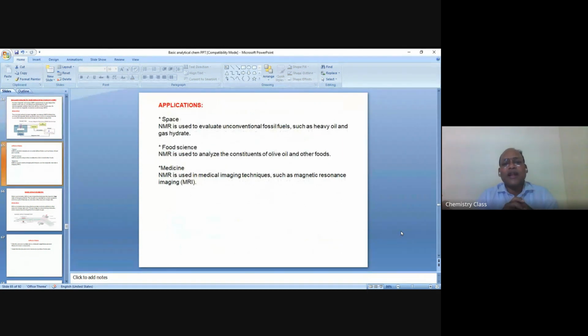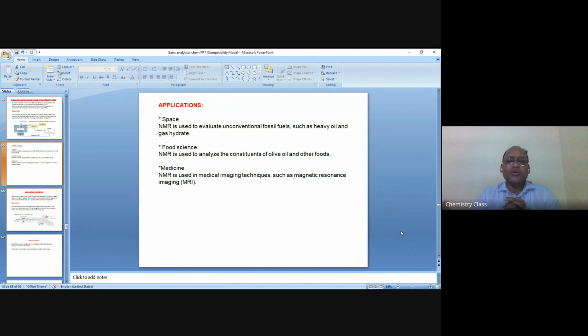Okay, applications. In space research, NMR is used to evaluate unconventional fossil fuels such as heavy oil and gas hydrates. In food science, NMR is used to analyze the constituents of olive oil and other foods.